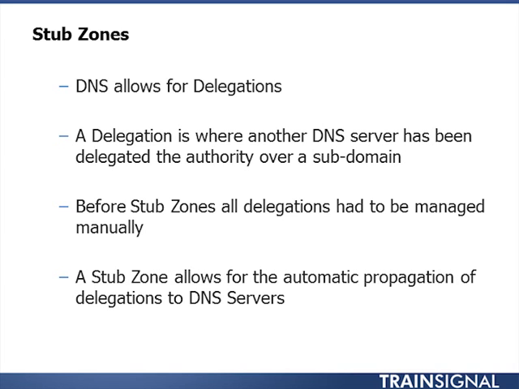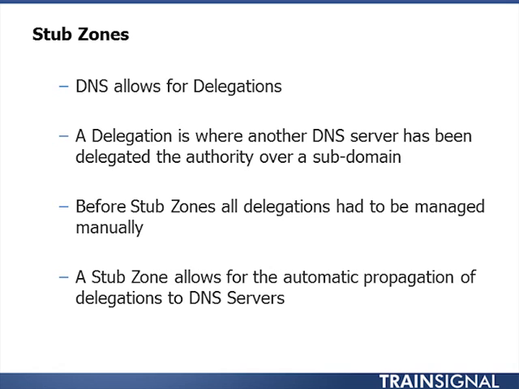And what that means is, as I added additional DNS servers to the na.globalmantics.com subdomain, the parent DNS server for globalmantics.com didn't know. That DNS server did not know that these new DNS servers existed unless you manually created another delegation.